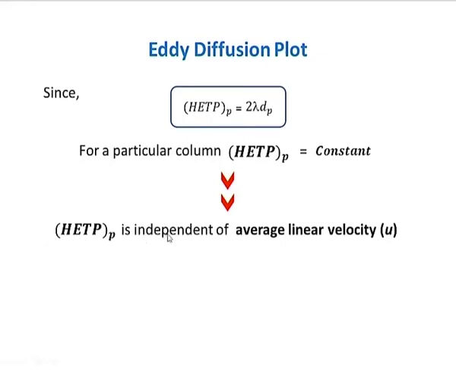It means this HETP is going to be independent of average linear velocity u, and if we plot a graph of HETP versus u, it will show this independent relationship between average linear velocity and the height which is due to eddy diffusion. This brings us to the second aspect which governs the height of a theoretical plate.